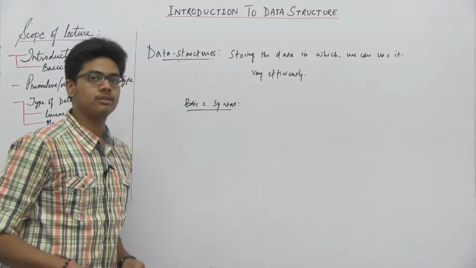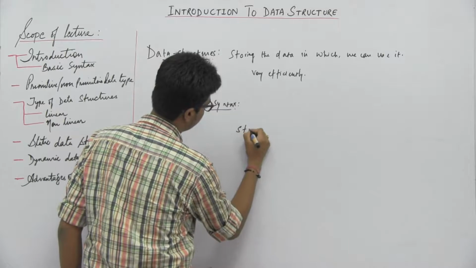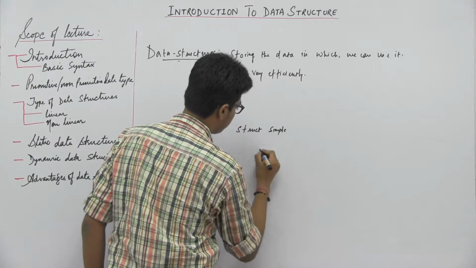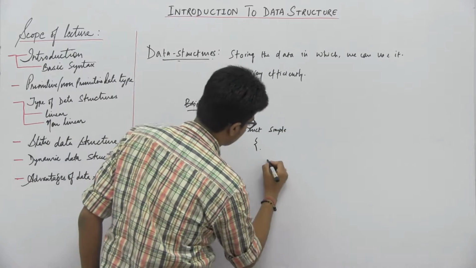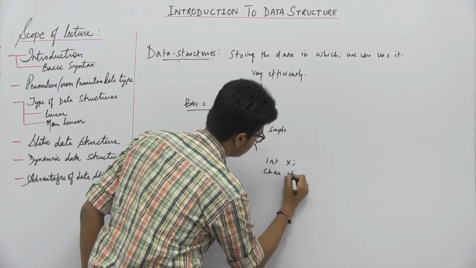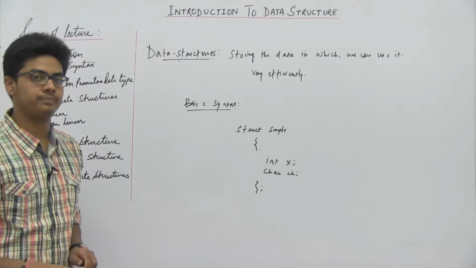The basic syntax for the data structures is like struct, if you are creating a simple data structure, then struct simple, int x, char ch. This is the basic syntax for the data structure.